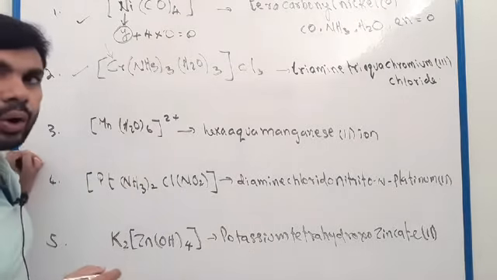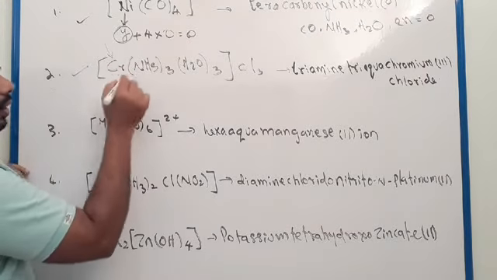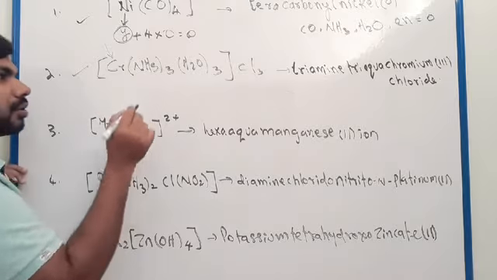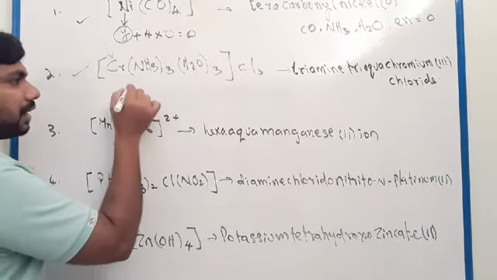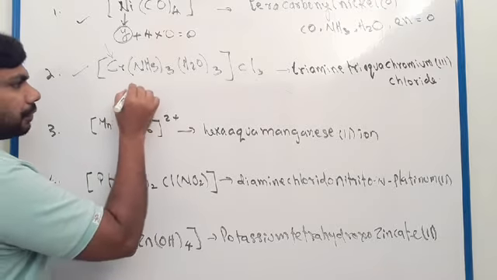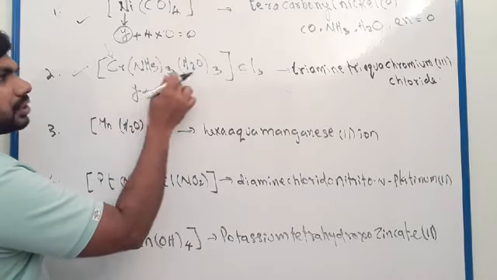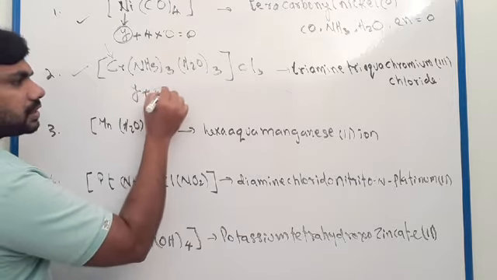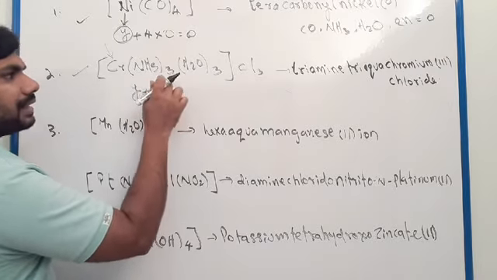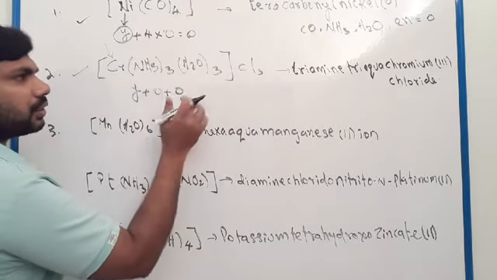We have to find the oxidation state of chromium. Okay, so chromium, it is unknown, so put any letter here. And I told you before, NH3 and H2O, their oxidation state will be 0. 3 times 0 plus 3 times 0, it will be 0.